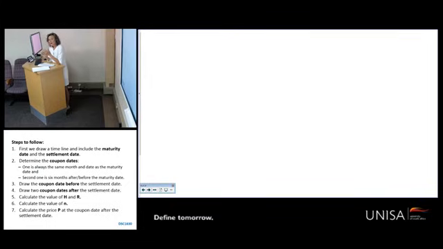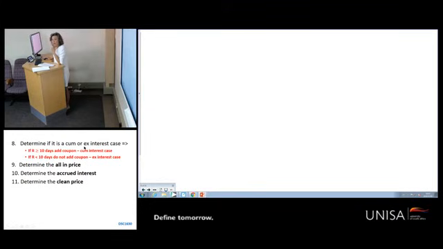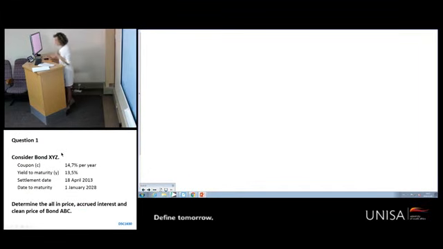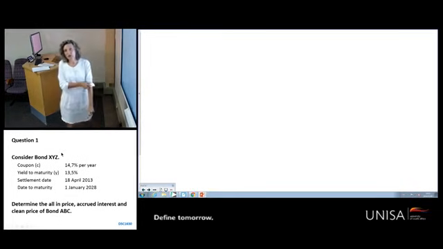I get my H, my R, my N. And only now do I start with my calculations. Calculating my p-value, then determine if I add an extra coupon. Then I've got my all-in price by moving that value back in time. I determine my accrued interest, and I determine my clean price. Now let's look at an example as we go along, and we're going to follow those steps.